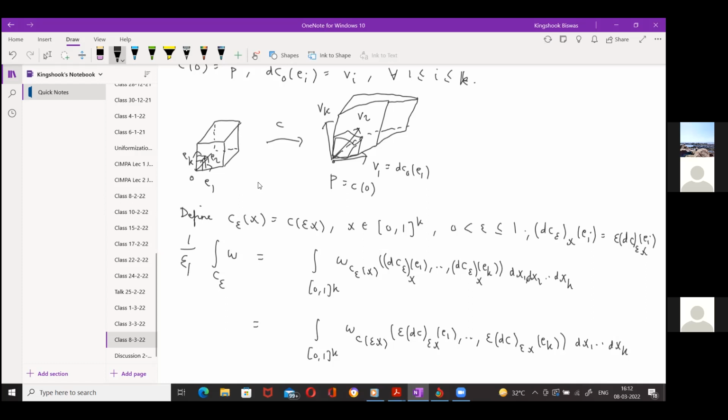So let me look at 1 over epsilon to the k times this integral of omega over c_epsilon. Then this 1 over epsilon to the k will cancel with all these epsilons here.